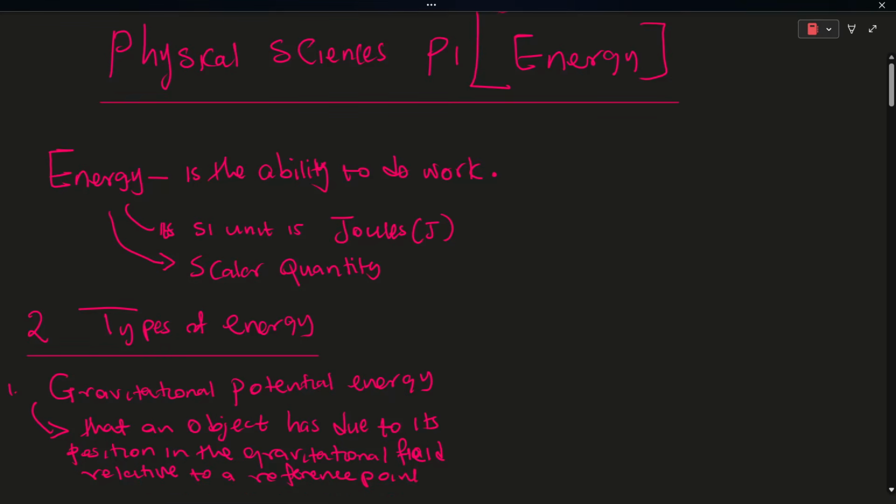You can use the examination guideline. But basically, when we talk about gravitational potential energy, we are talking about an energy that an object has due to its position in the gravitational field relative to a reference point. Okay, let's come to the second one.